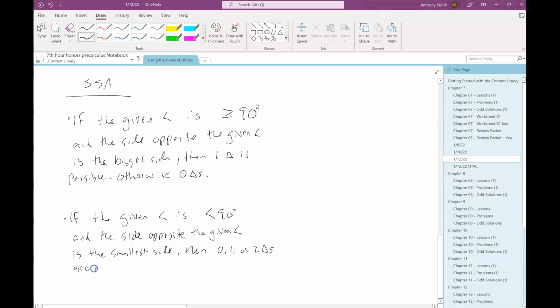So you have to do a little bit more work there to figure out which one that is. But any other situation, there's just 1 triangle possible.